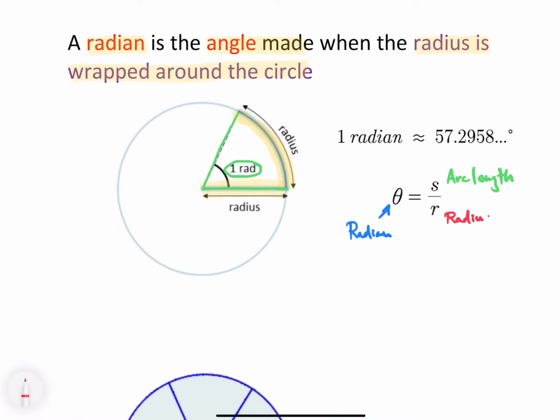So if we have the arc length and the radius, we can calculate the radian. Or if we were given the radian and the radius, we could figure out what the arc length might be. And if we were given the arc length and the radian, we could always figure out what the radius might be. So let's take a look at these.